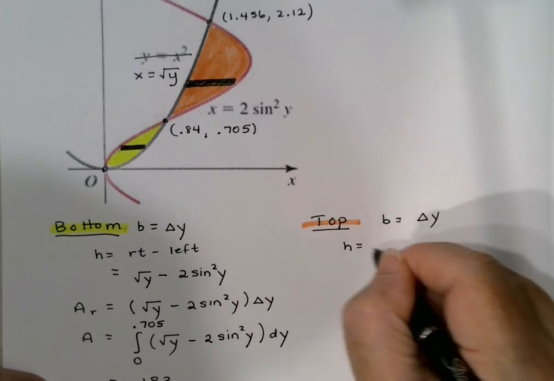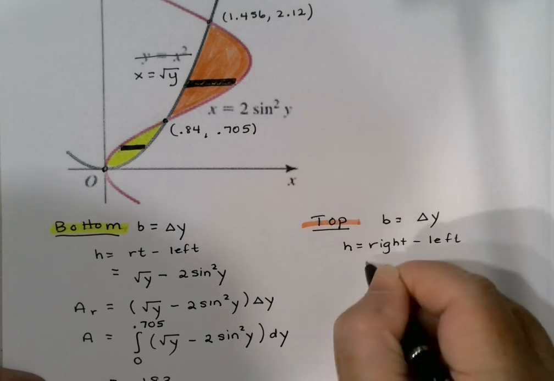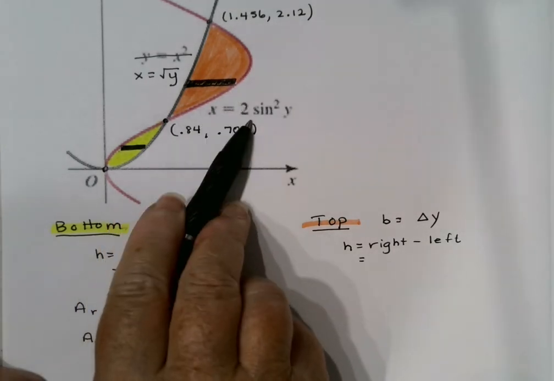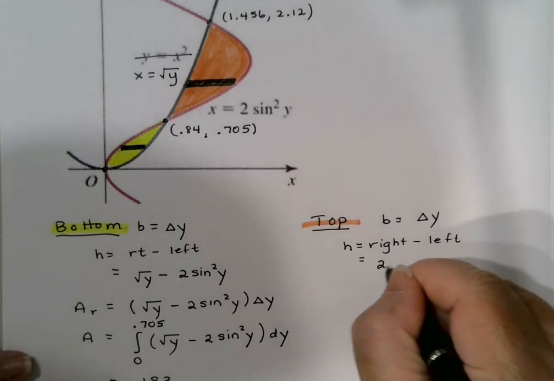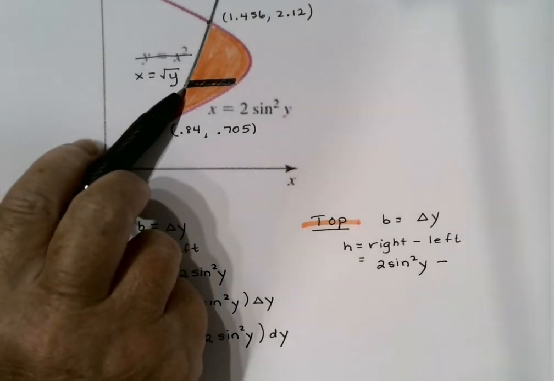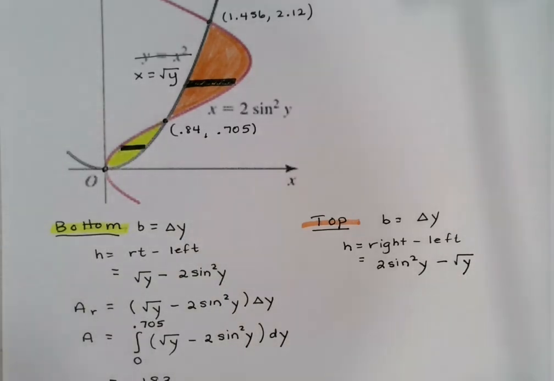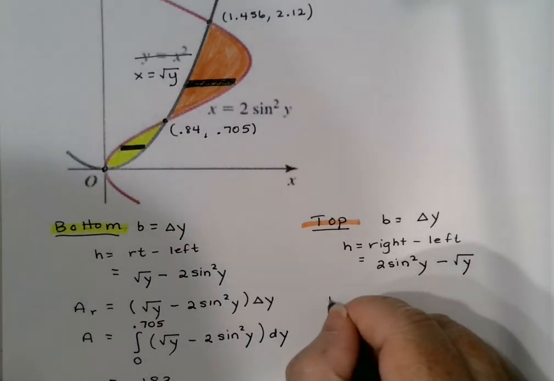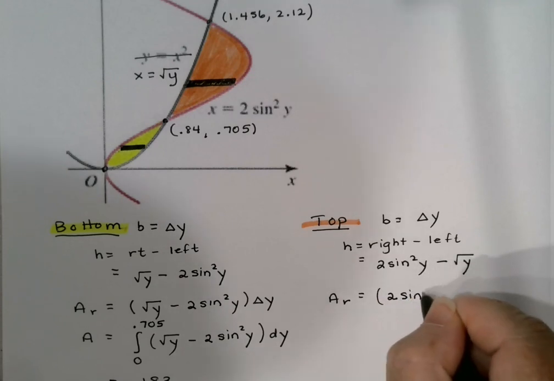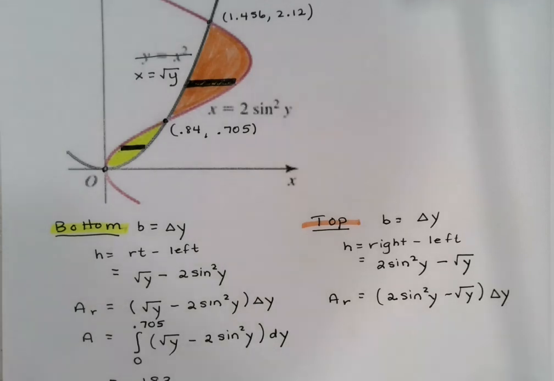And the height, with horizontal, is always right minus left. This time, notice they're just the reverse. The right side is on the sine curve, 2 sine squared y, minus the left side, which is on x equals the square root of y. So the area of that little rectangle, base times height, will look like that.